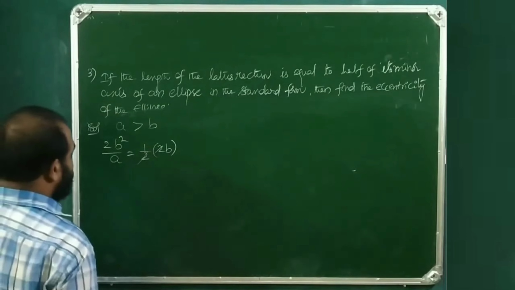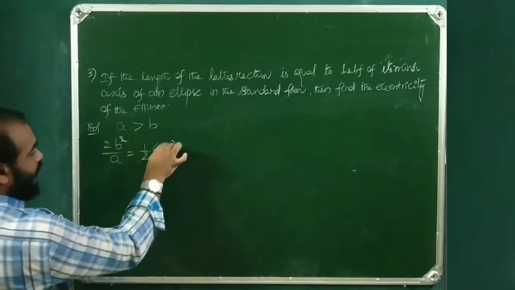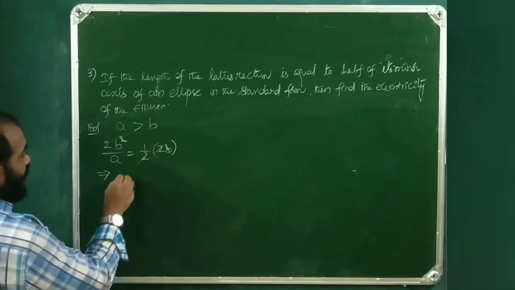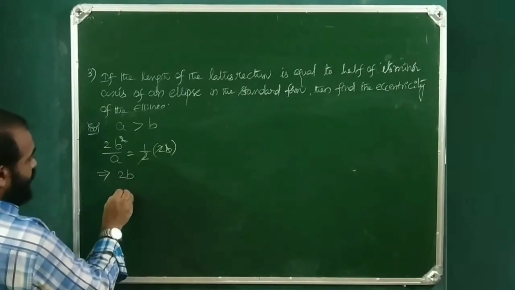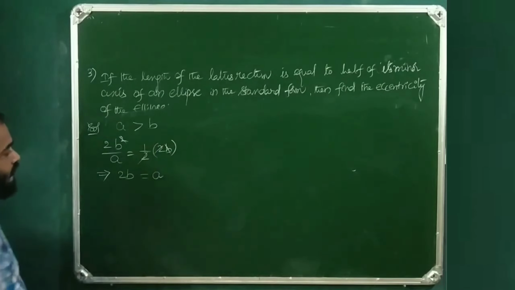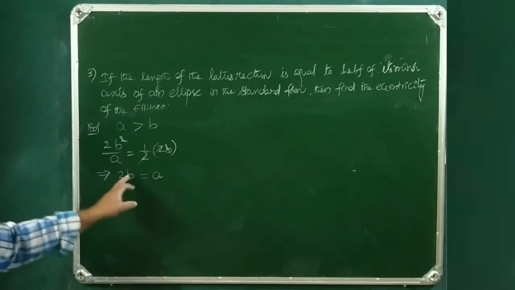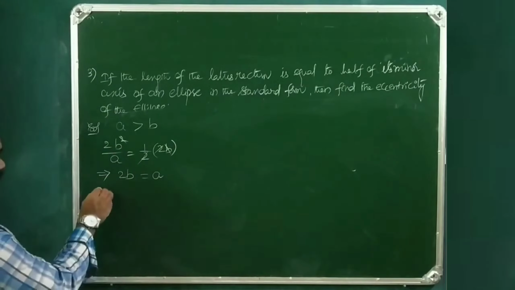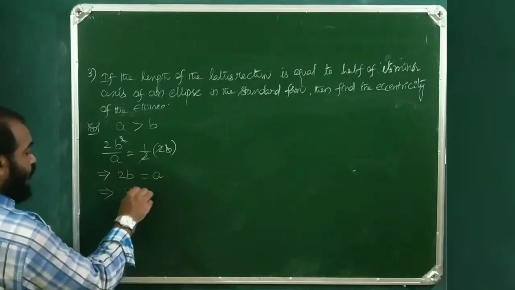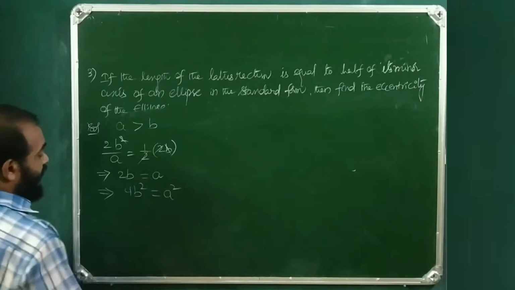So 2 gets cancelled, and this b gets cancelled. So 2b is equal to a. Squaring on both sides, 4b square equals a square.